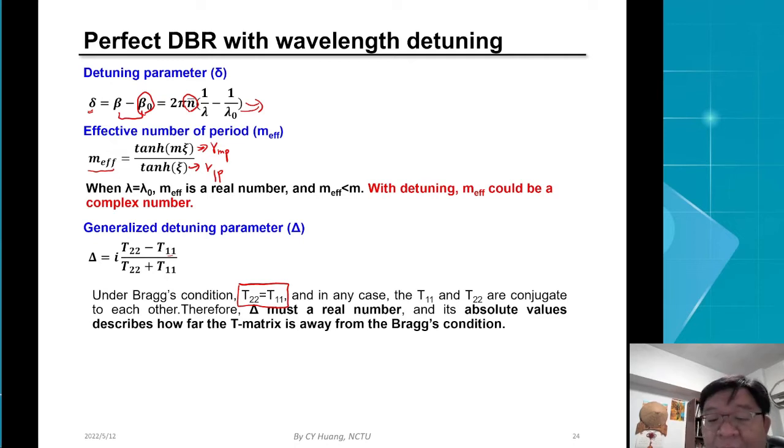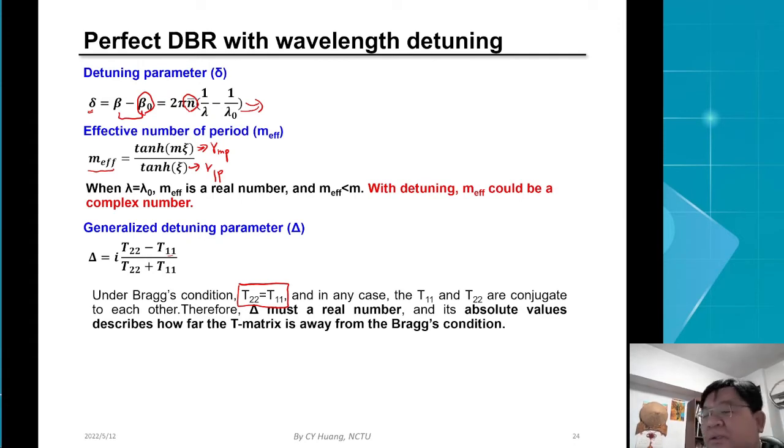If for some specific combination of L2 and L1 you can find the generalized detuning delta small for specific wavelengths, you could still build up a high reflectivity by such means.